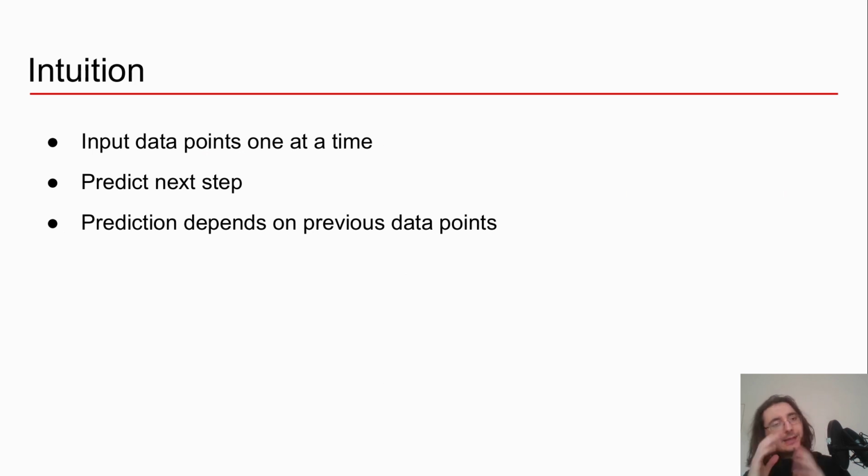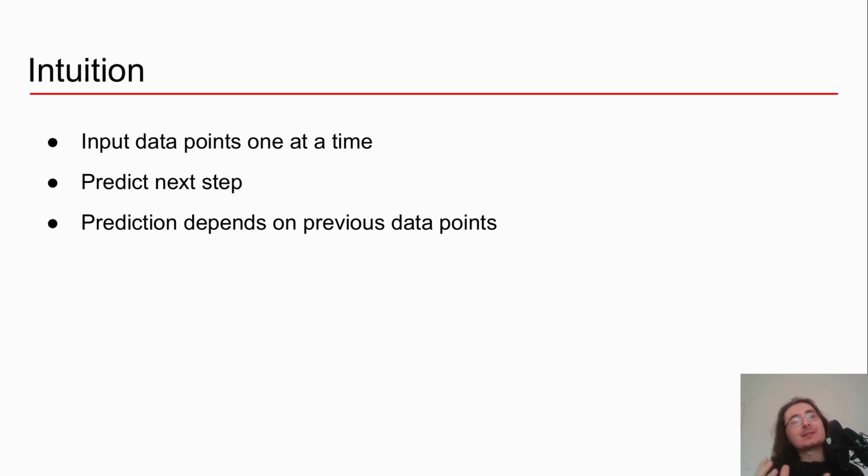Okay, so let's take a look at how RNNs work from a very, very high level perspective. First of all, the idea here is that we have this time series type of data and we feed it into the network a point at a time. So we give it a data point, a step, every time.